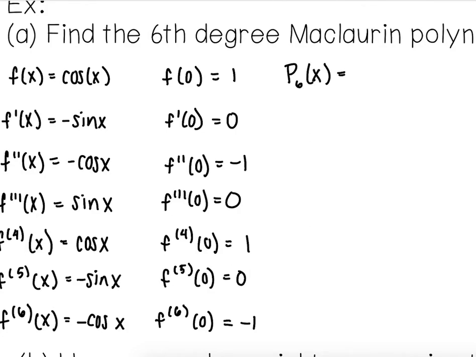Okay, so P6, right, is my first function value plus, I'm just going to write out all the terms, so x minus, well, we don't have to do x minus 0 squared, do we?